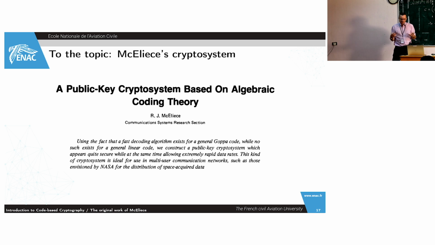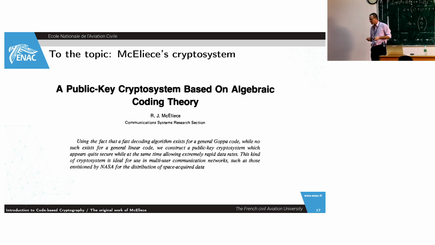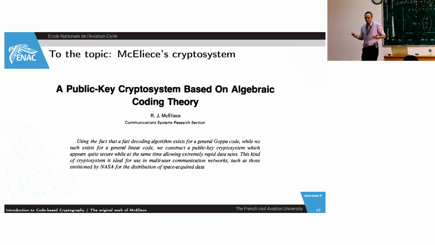And in this paper, Diffie and Hellman suggest that maybe it is possible to construct an asymmetric crypto system, okay? And actually, McEliece was really unfortunate by that time because within a couple of months, Rivest, Shamir, and Adleman came with this solution that we all know as RSA.